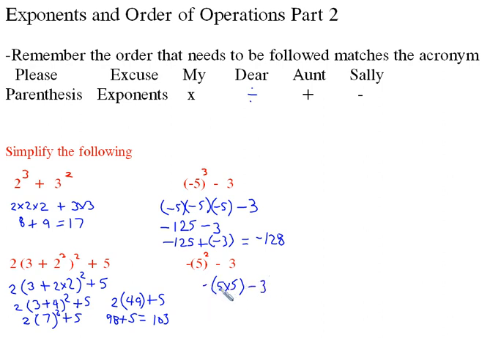So this is going to be negative 25 minus 3. Negative 25 minus 3 is going to be negative 25 plus negative 3. Signs are the same, so it's going to be negative 28. And that makes sense, so we're done.